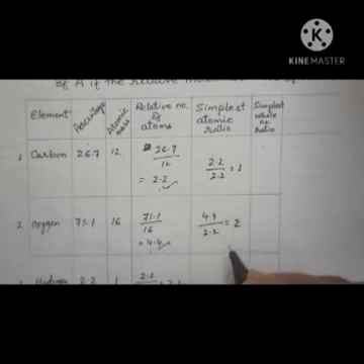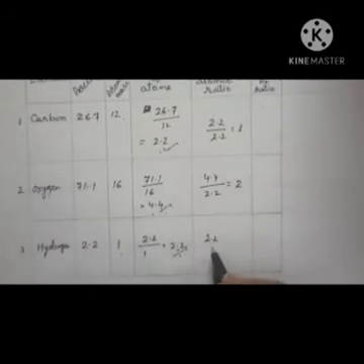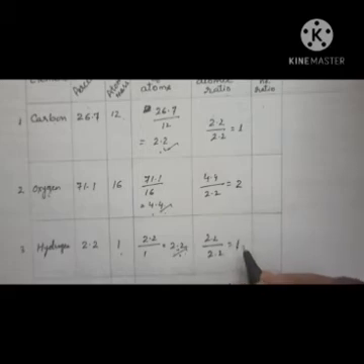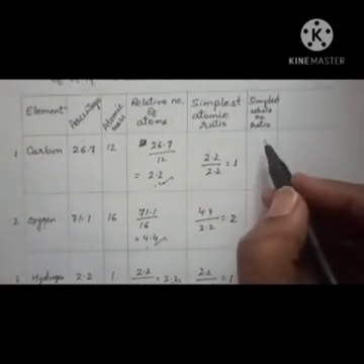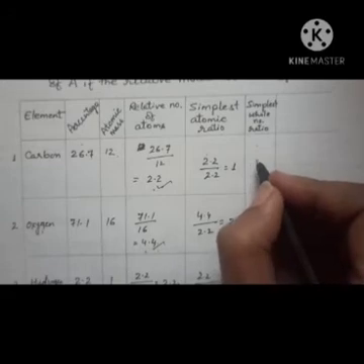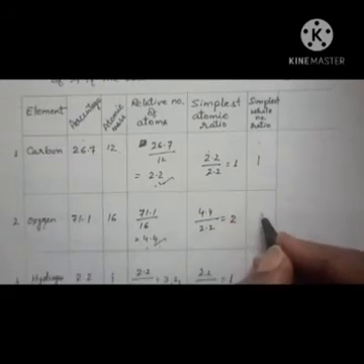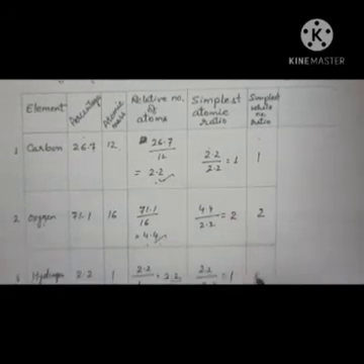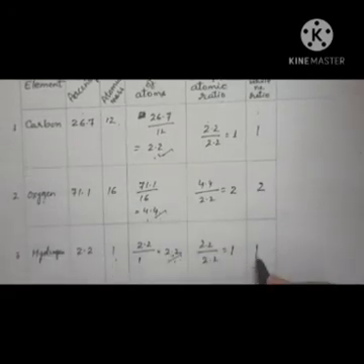Answer 2. And here 2.2 divided by 2.2, what is your answer? 1. So what is the simplest whole number ratio? Carbon is 1, oxygen 2 and hydrogen is 1.